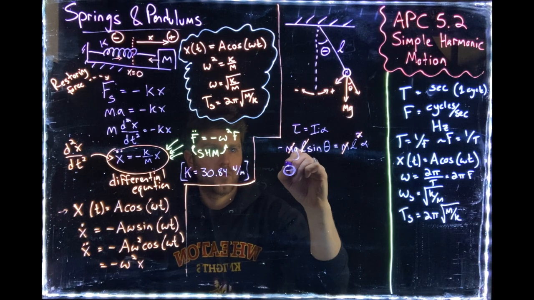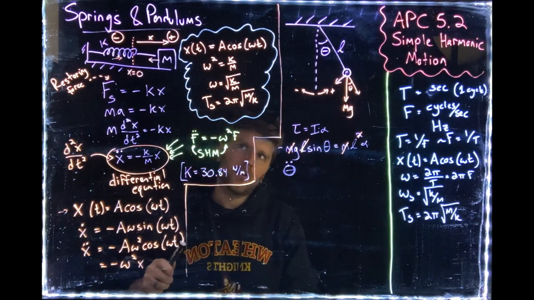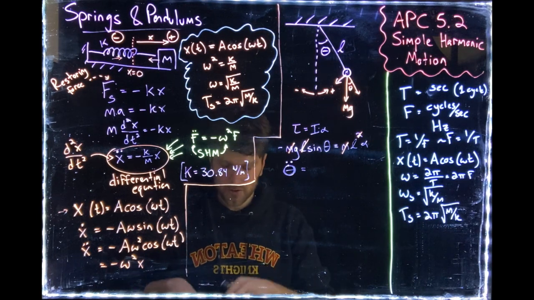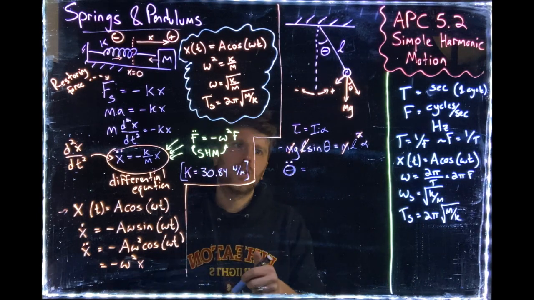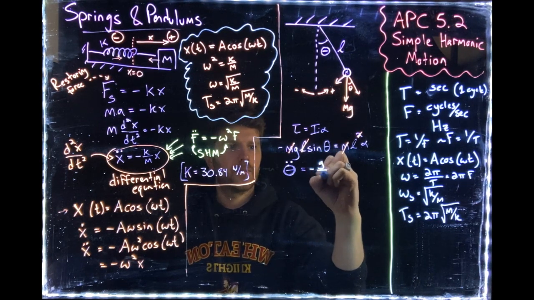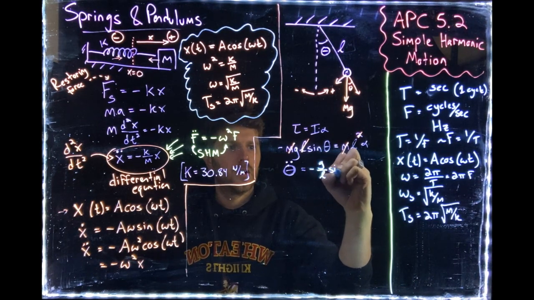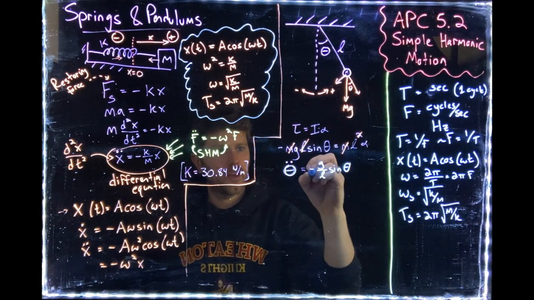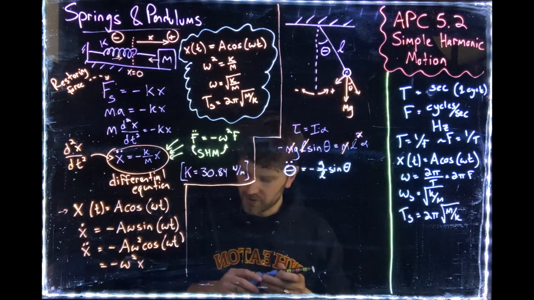Theta double dot equals negative g over L sine theta. So theta double dot equals negative g over L sine theta.